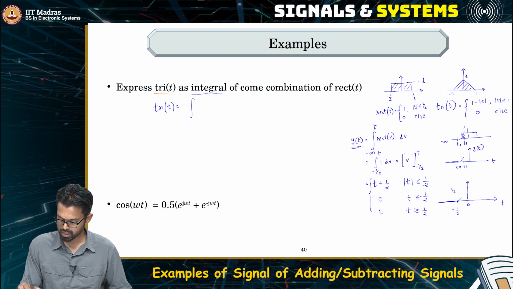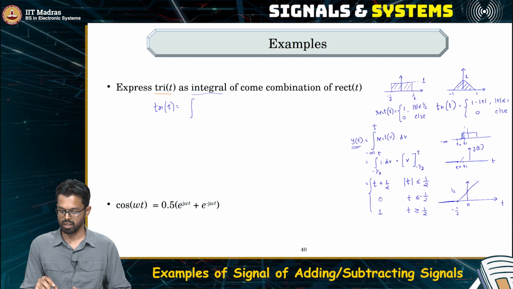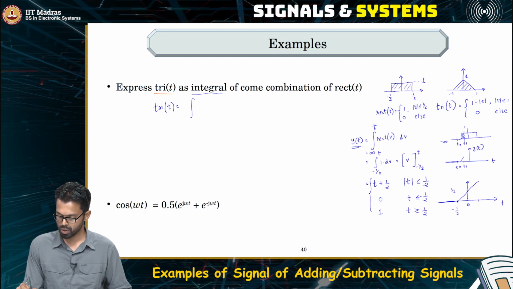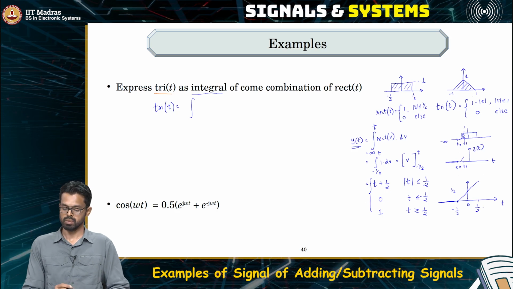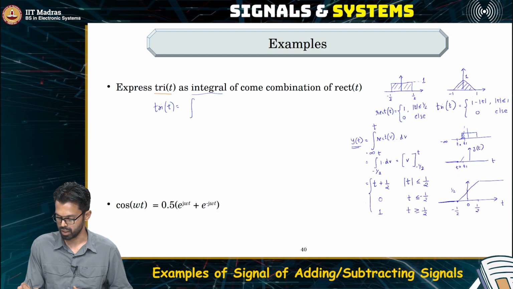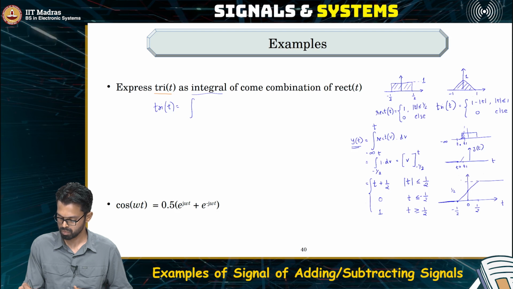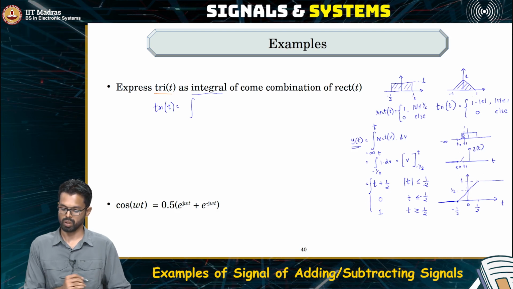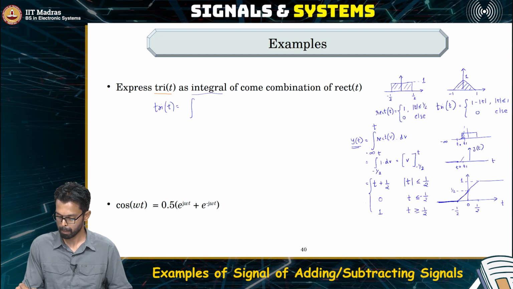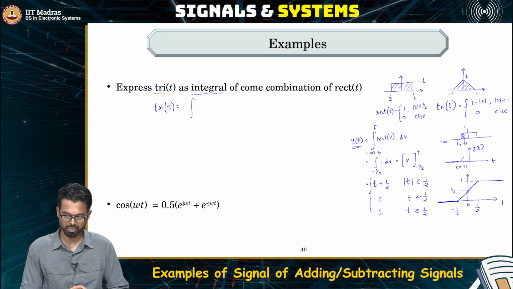It starts linearly increasing, right? It goes like a straight line because it is t plus half. And at t equal to half, this is equal to 1, and beyond that it's just 1. So this is the integral of the rectangular function.